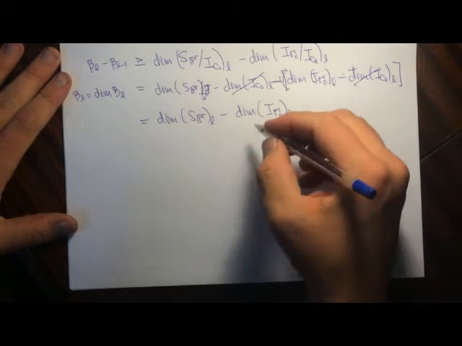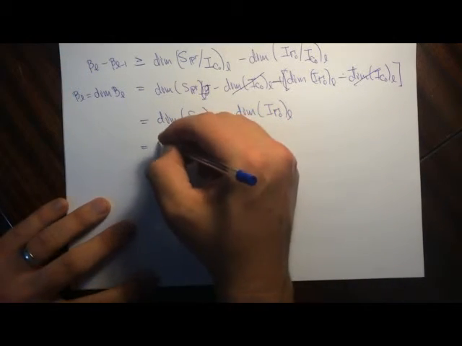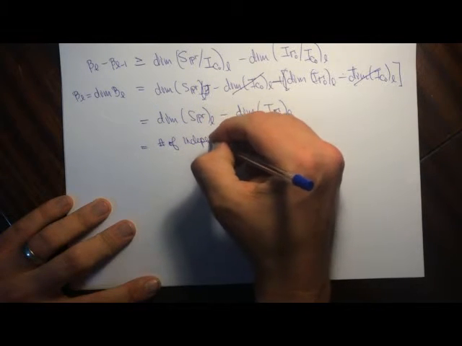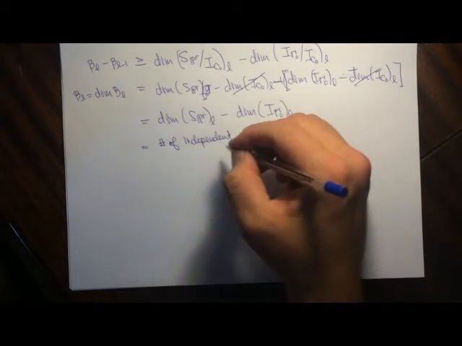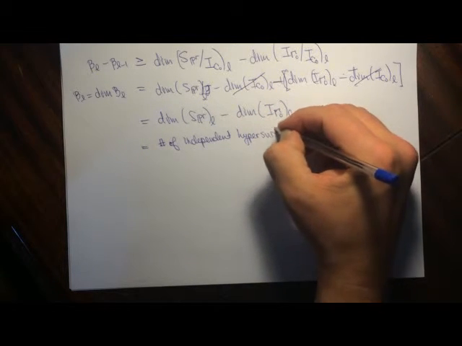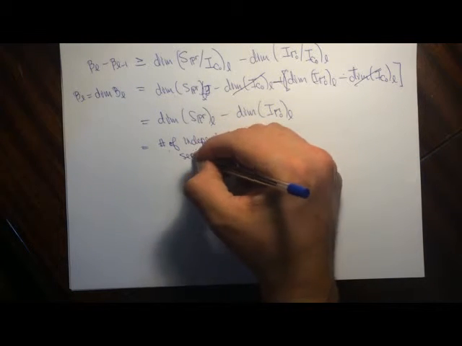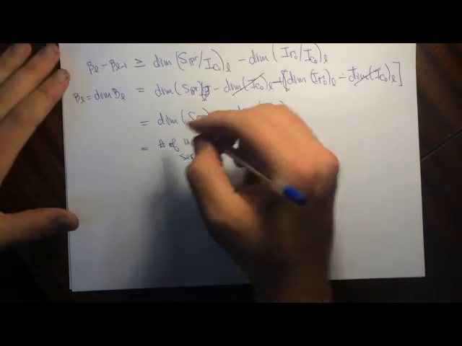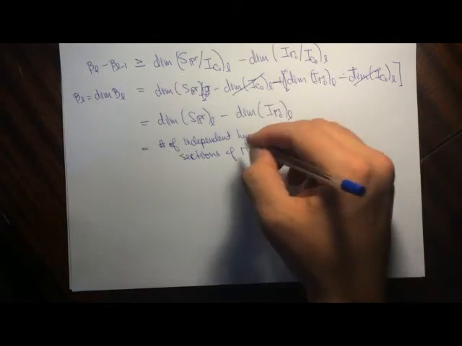Okay, so this is really like the number of independent hypersurface sections of gamma_0, or hypersurface divisors. Okay.